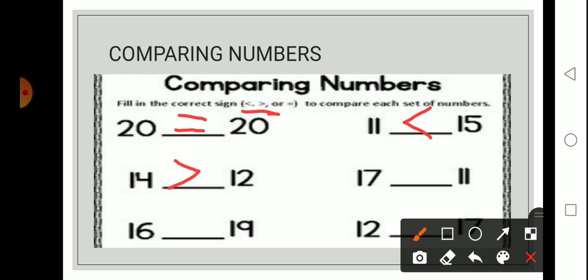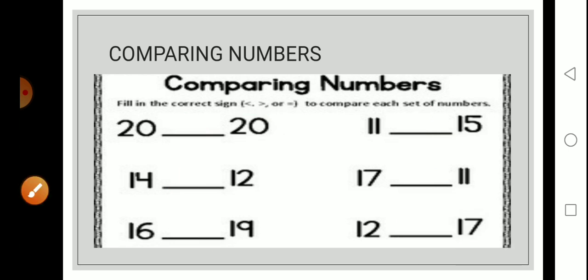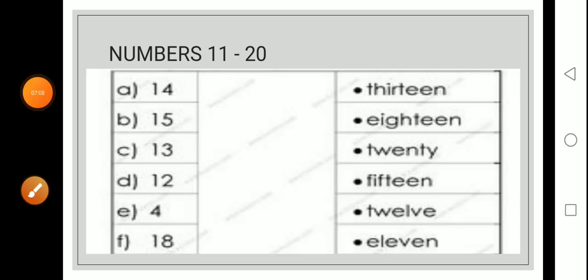So now tell me between 7, 17 and 11, which is the biggest? Yes, it is 17. Now 6, 16 and 9, 19, which is the biggest? Yes, it is 19. And between 12 and 17, which is the biggest? Yes, it is 17.